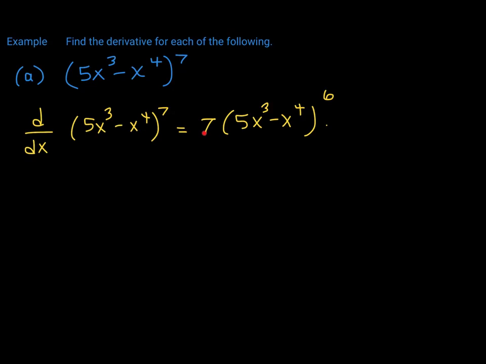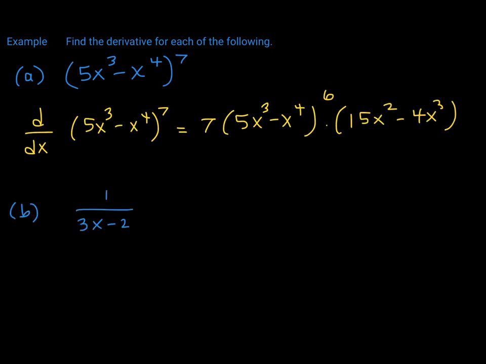So the 7 comes down, and then this expression is raised to the power of 6. But now we're not done. Now it's the derivative of the inner function, the derivative of 5x cubed minus x to the 4th. So the derivative of 5x cubed is 15x squared, and the derivative of x to the 4th is 4x cubed, like that. This is the derivative. Fantastic.